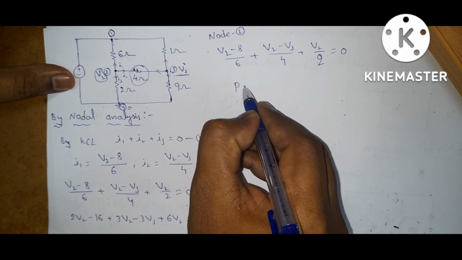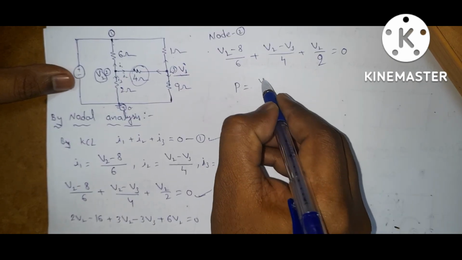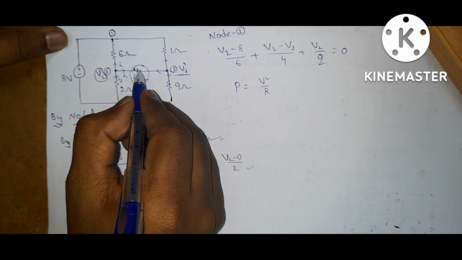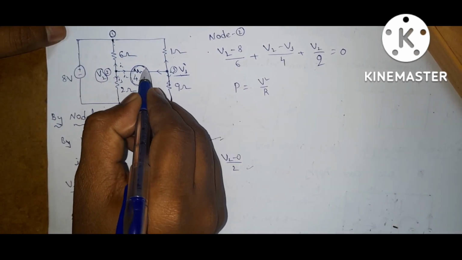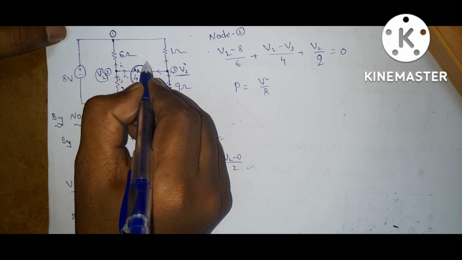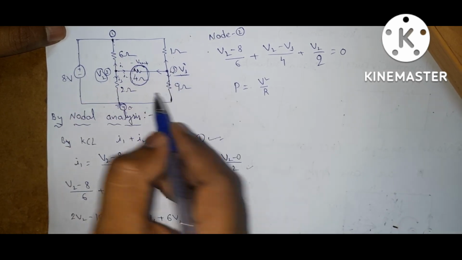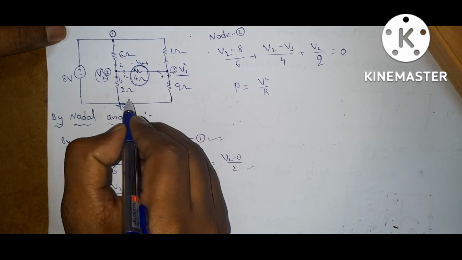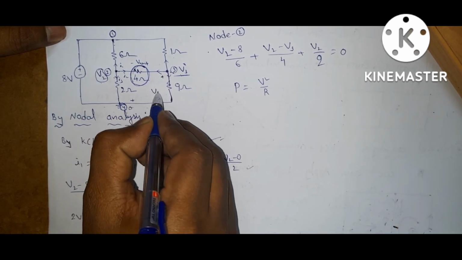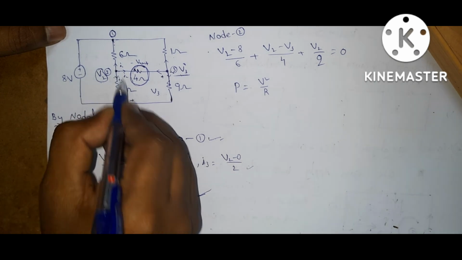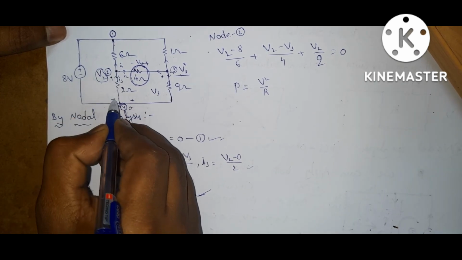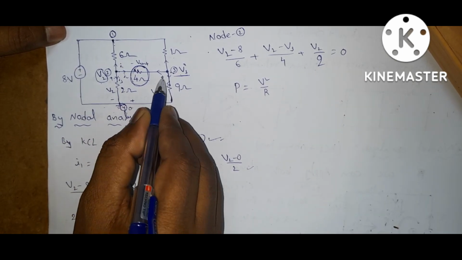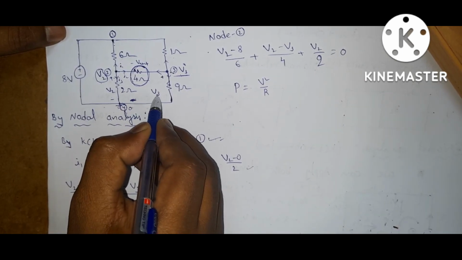What is the power dissipated in the 4 ohm resistor? P is equal to V square by R. Now what is the voltage across this resistor? Let it be V 4 ohm. Apply KVL in this closed loop. From here to here this is V2, and from here to here this is V3.